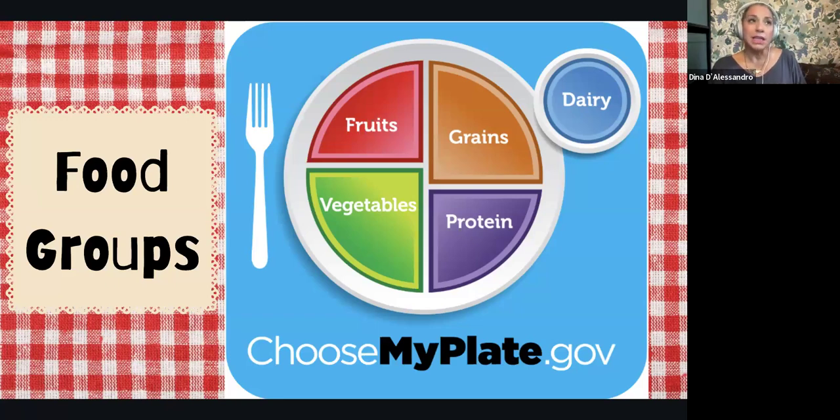Or, I mean, botanically speaking, an avocado is technically a fruit, but if you throw an avocado in the vegetables section, that can give you a good source of fiber. It can give you a good source of healthy fat. So you're going to get a little bit of everything if you base your meals around veggies and protein.